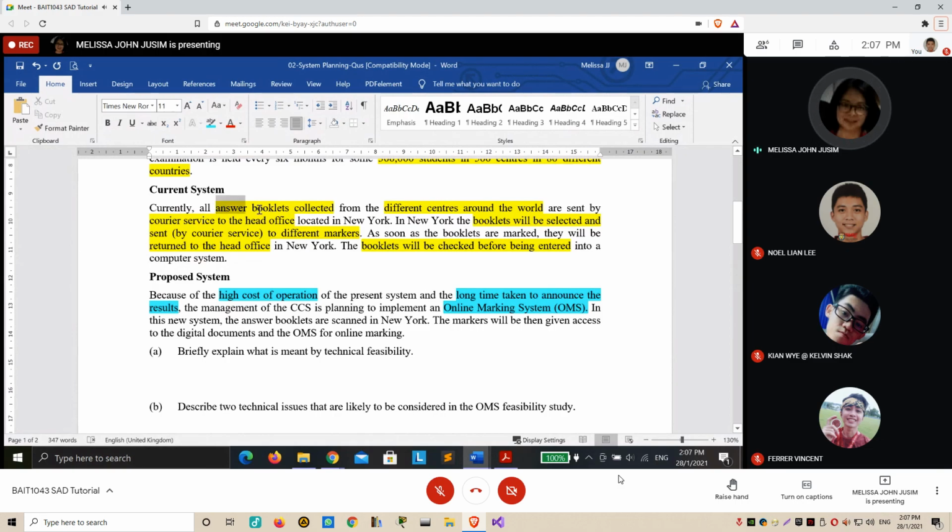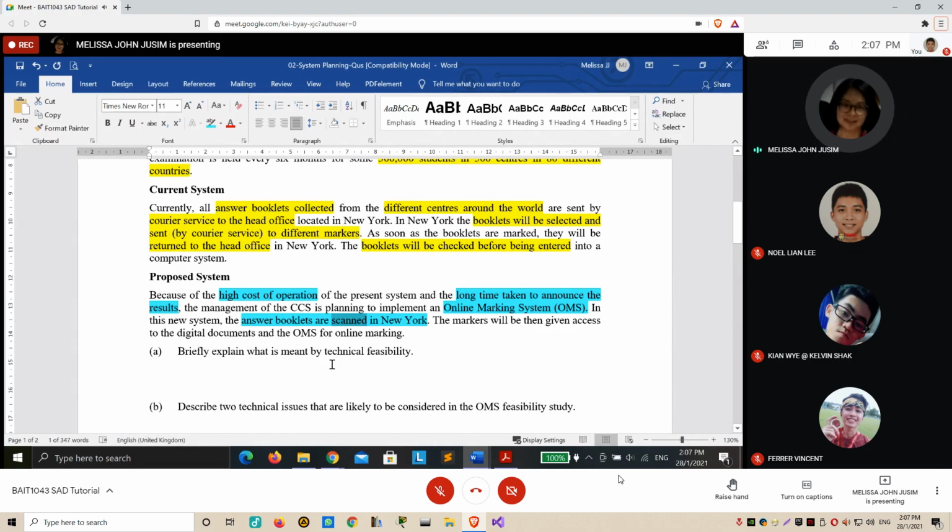Okay, OMS. In the new system, the answer booklets will still be collected from different centers around the world. However, when they reach the head office, they will scan all the answer booklets. Here, they use the word scanner. So I believe in terms of feasibility, they need money to buy scanners, correct? Not the typical flatbed scanner that you learn in Intro to IT.